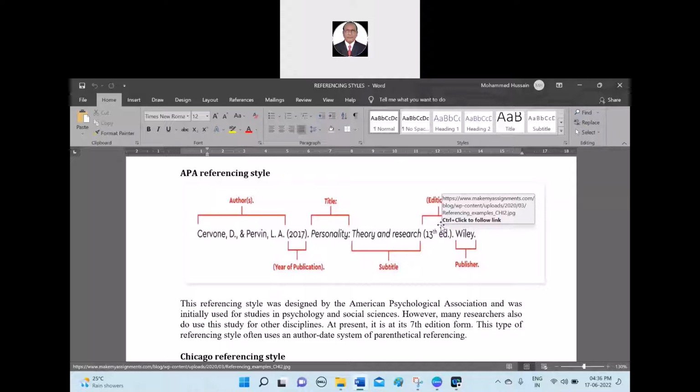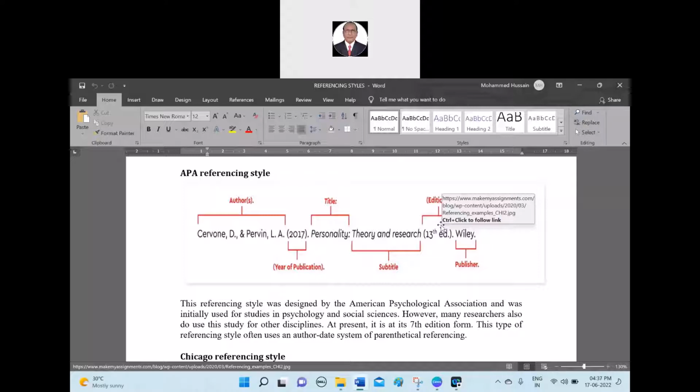And here in Theory and Research, and is a coordinating conjunction, and A should not be a capital letter. But Research, R should be a capital letter. It is a rule, but a small letter is there. I think something is wrong. You should write the capital letter.